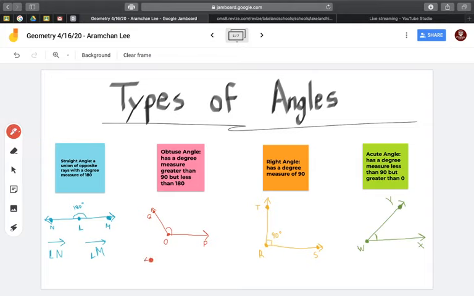And this angle, if it is obtuse, should be greater than 90, but less than 180.